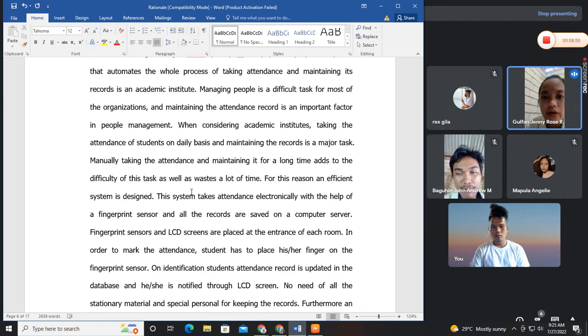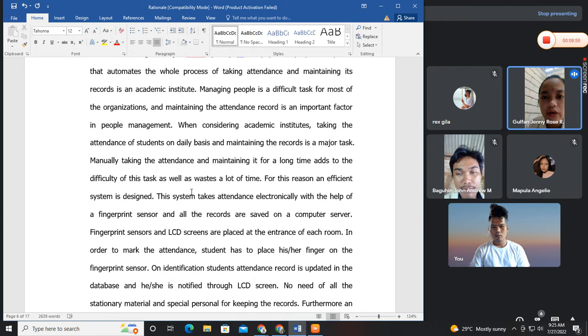Fingerprints are a form of biometric identification which is unique and does not change in one's entire lifetime. This paper presents an attendance management system using fingerprint technology in the university environment.